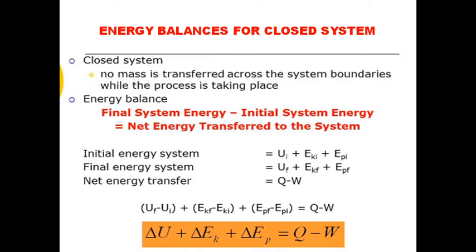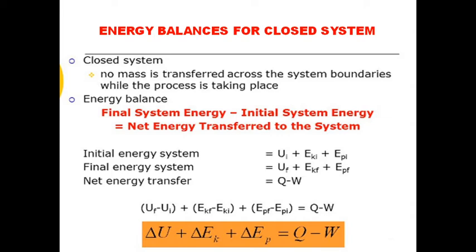Okay. So the final system energy. Here, internal energy plus kinetic energy plus potential energy at the final condition. I refers to the initial condition, F refers to the final condition. Net energy transfer, capital Q minus W. Capital Q and W are the forms of energy associated with the process.